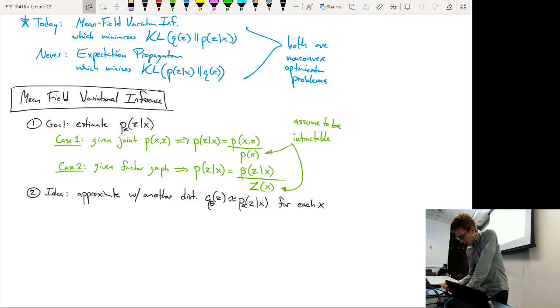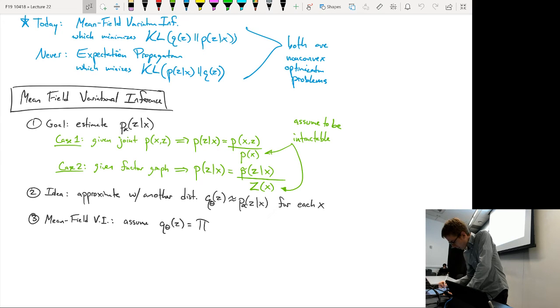And so mean field variational inference is going to assume that Q theta of z decomposes according to variables. So that would look like a product from t equals 1 to capital T of qt zt, where we have, say, capital T variables here.